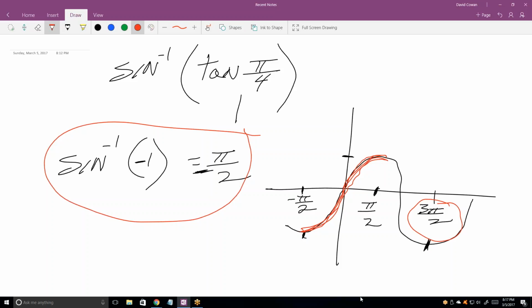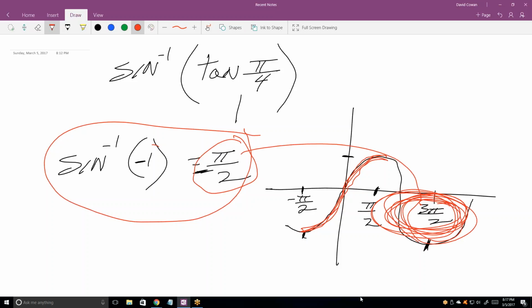Of negative numbers, you're in the fourth quadrant. Well, that technically is not fourth quadrant either. So I'm not sure that these two answers are different. I don't think you would lose points there, to be honest, if you put 3 pi over 2 instead of minus pi over 2.